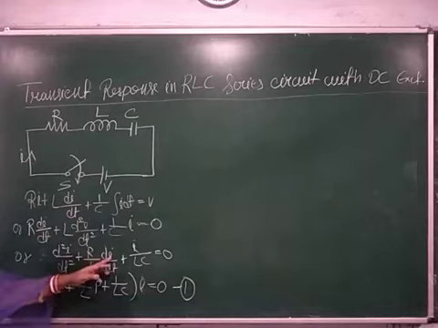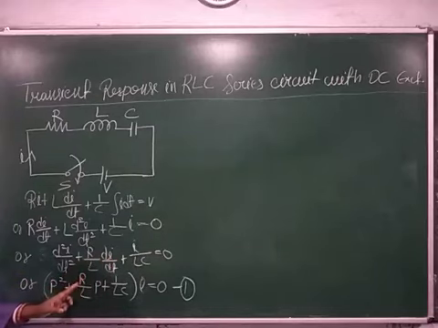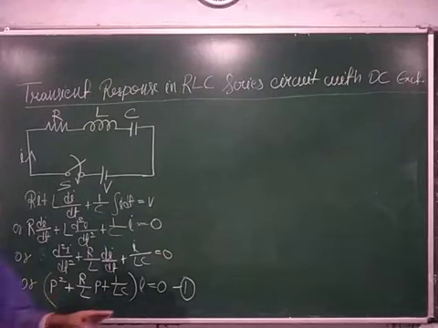So the output current has two roots. Let the two roots be P1 and P2.